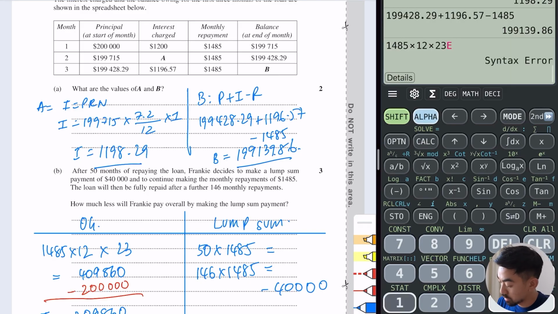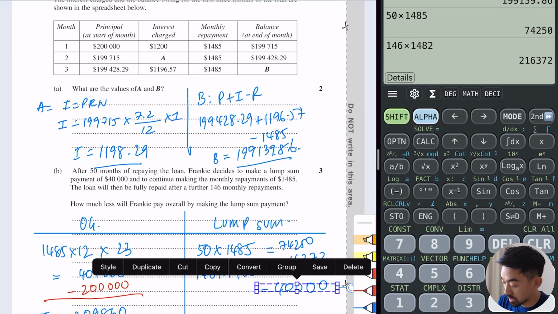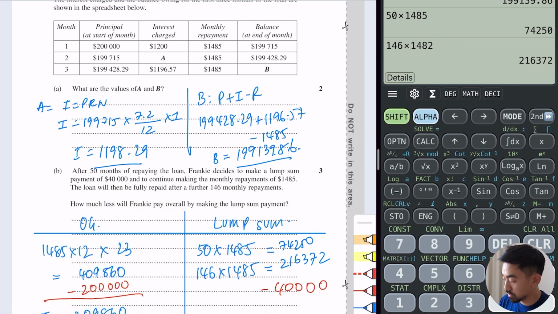So 50 times that is 74,250. 146 times 1485 is 216,372. And remember, I'm subtracting this 40,000 because it's a lump sum payment.